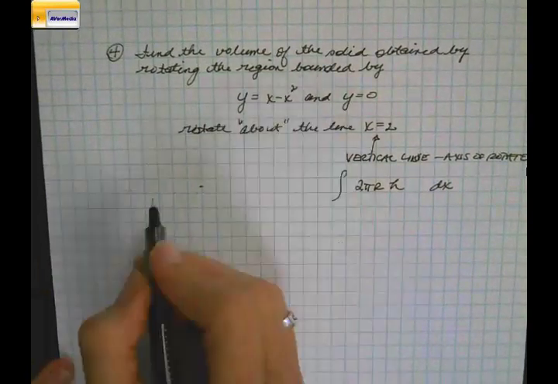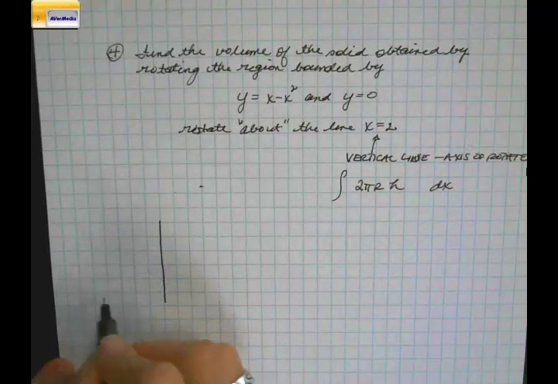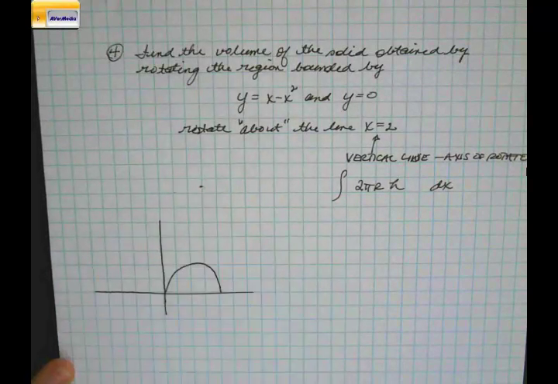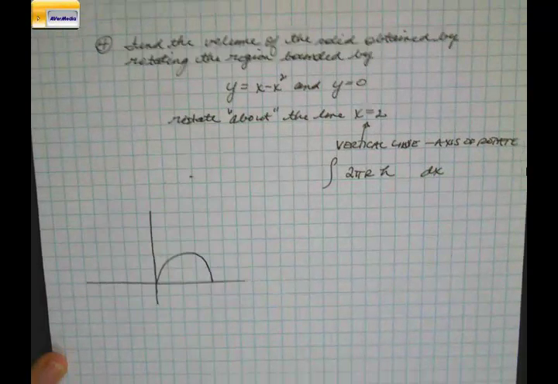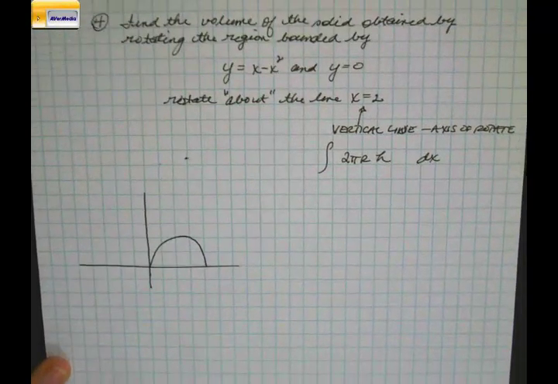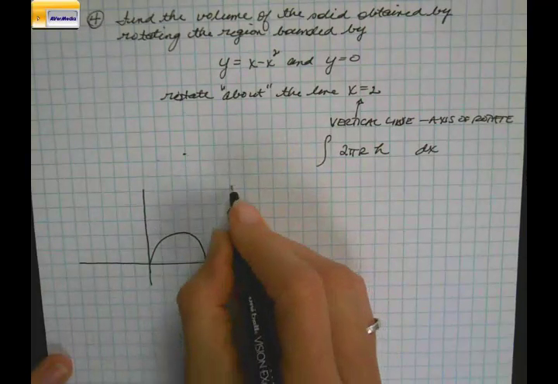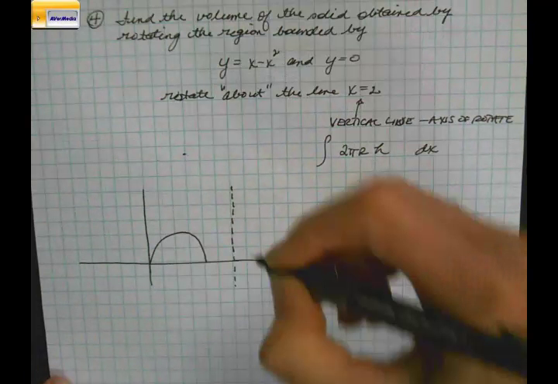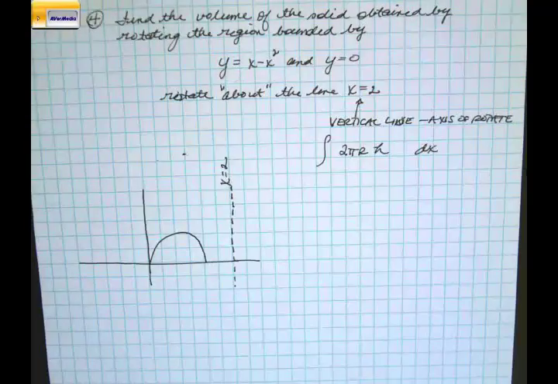When you graph this, and you can graph this on your calculators quite easily, it's going to look something like this. It's a parabola that's concave down. Then you're going to be rotating it around the vertical line x equals 2, which is going to be over here. That's what you're going to spin it around.